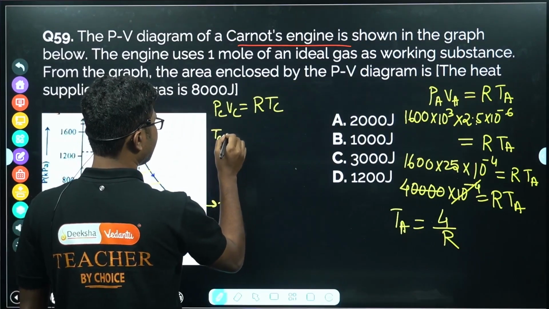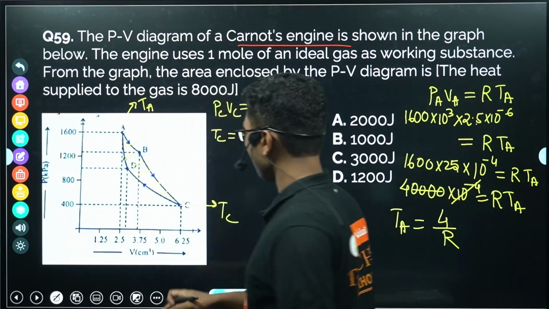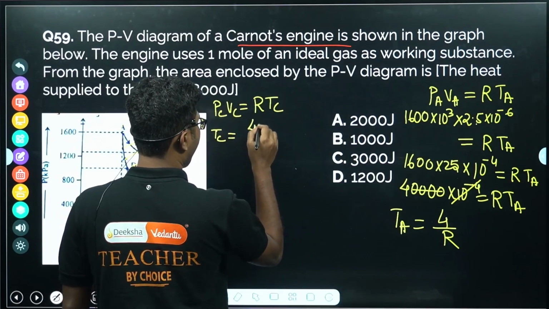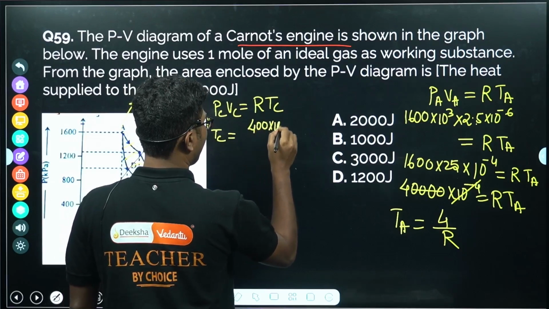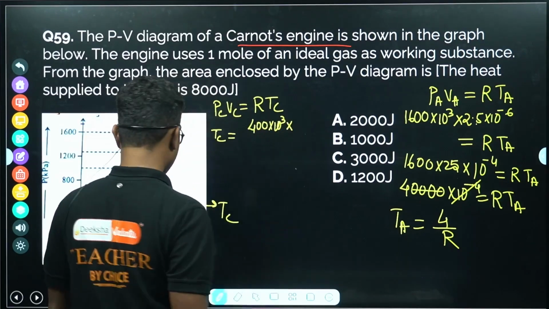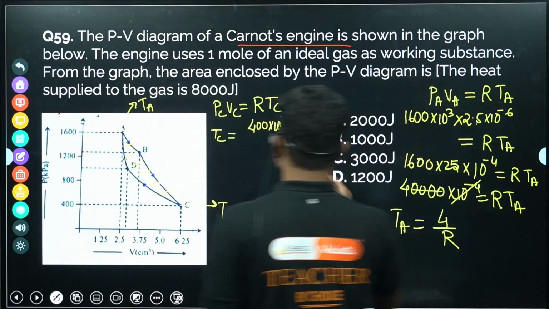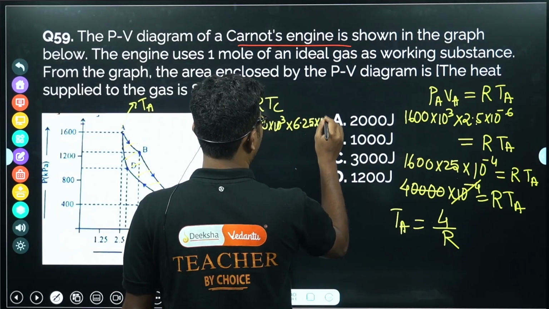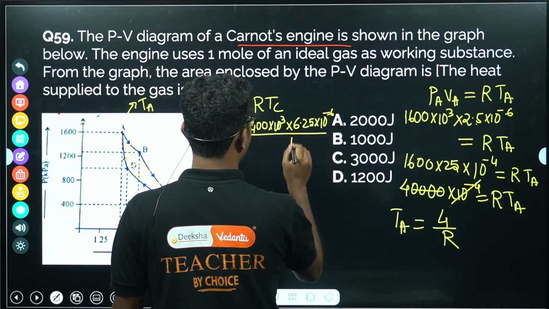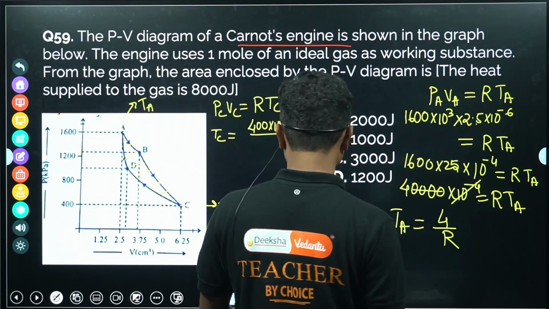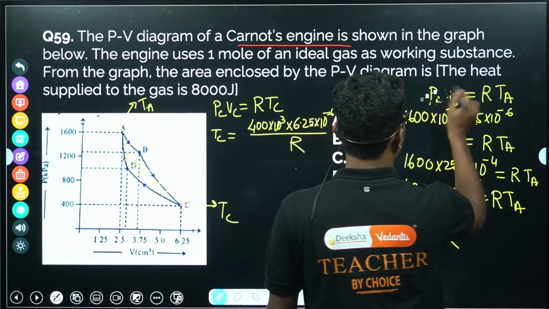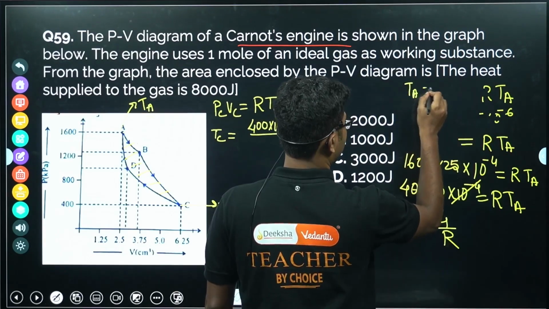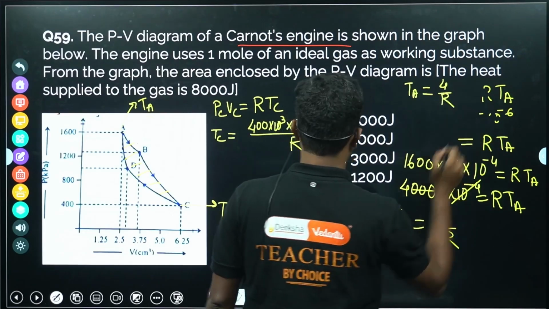So TC is basically equal to 400 times 10 to the power of 3 times 6.25 times 10 to the power of minus 6 divided by R. Let me only keep the values which I need.